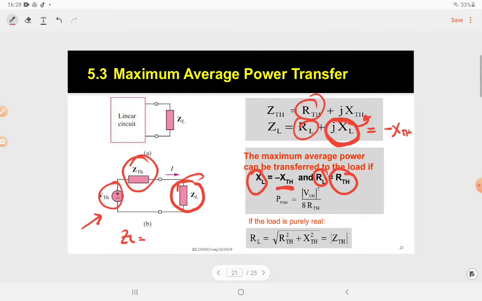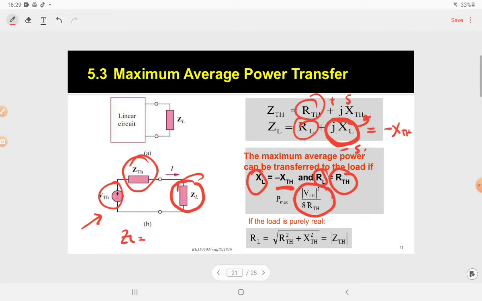So if you got positive 5 here, then ZL must be negative 5. Hopefully you understand. If this condition is met, we can calculate the maximum power using this formula, which is VTH squared divided by 8 RTH. So we can calculate the maximum power transferred to the load.